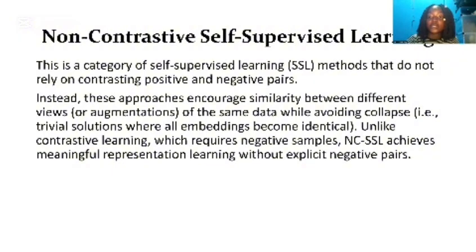It is a paradigm where models learn representations without relying on explicit negative pairs, like how it is done in contrastive methods. Instead, it ensures that different augmented views of the same data sample produce similar embeddings while avoiding collapse, where all the embeddings can become identical. This is often achieved through architectural asymmetry, redundancy reduction, or regularization techniques.